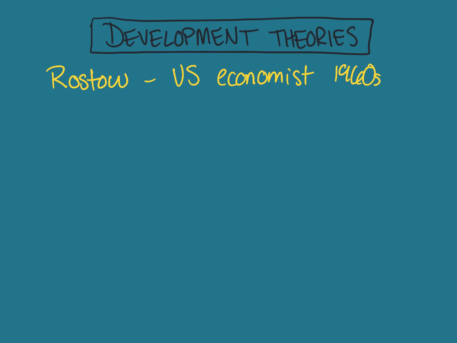So Rostow came up with this theory to explain how a country could develop through capitalism, and that's the way we wanted to encourage other countries to do it, like we did it, not to follow communism. His model has 5 stages. Sometimes it's called the ladder of development.